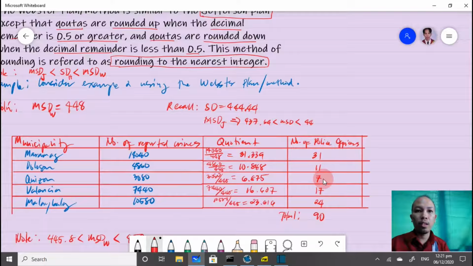We have 31, 11, 7, 17, and 24. But in the Jefferson plan, we have 32 here, 11, 7, 16, and 24. So there is a difference between the Jefferson plan and Webster, but the Hamilton and the Webster plan in this example are the same.